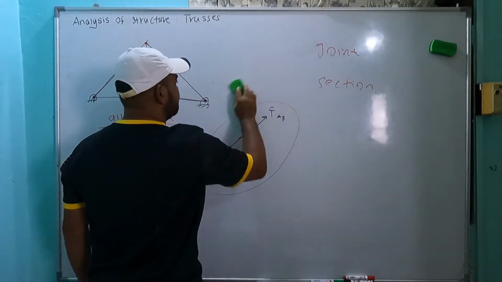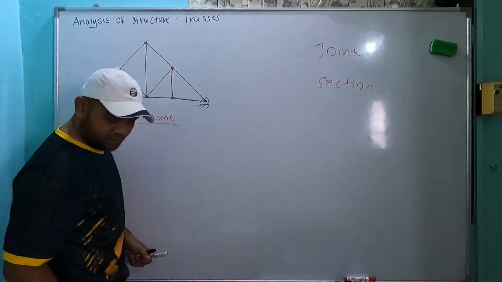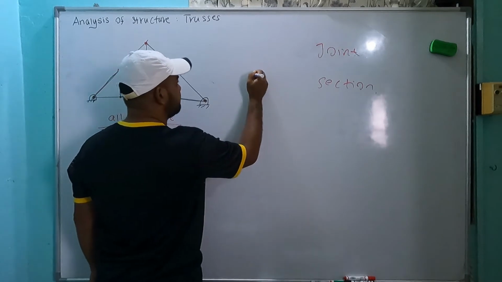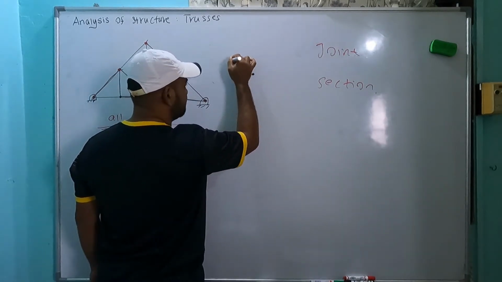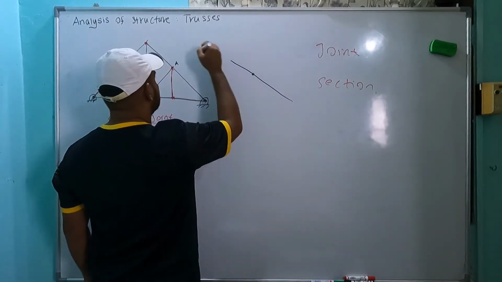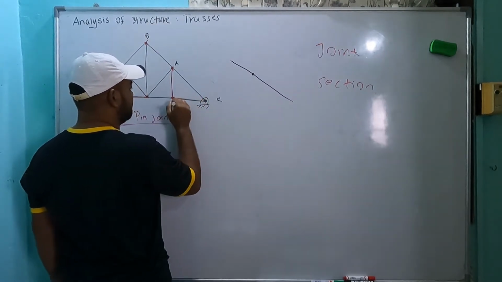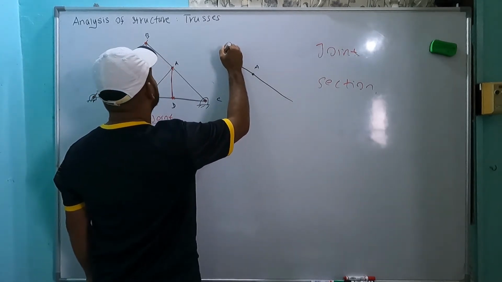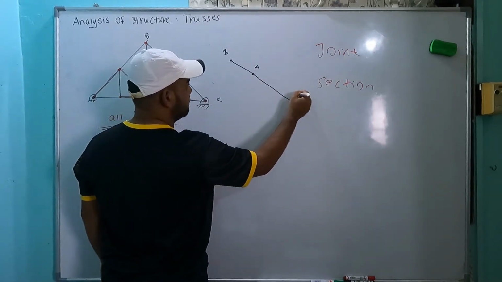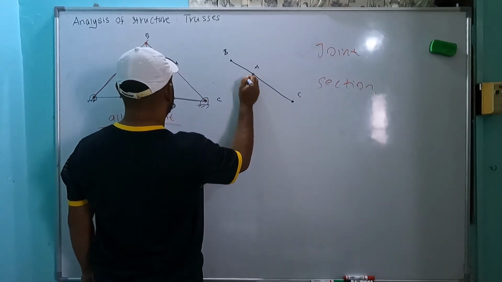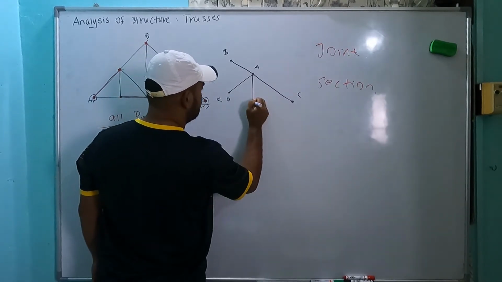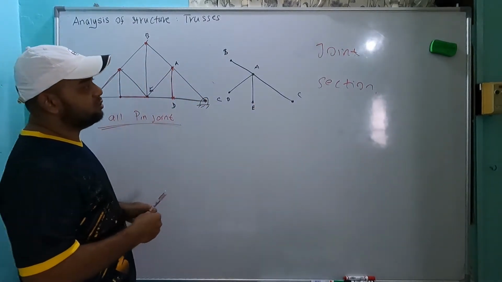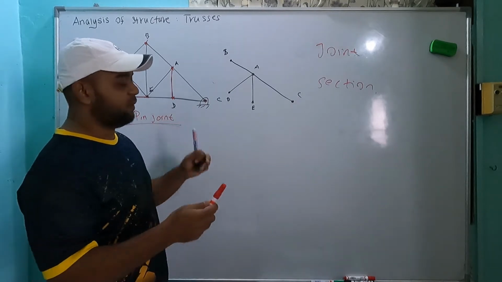Before we go to the method, let me explain. Let's say here we have this point A, this is B, C, D, E. So this is point A, point B, point C, D, E, for example. When we want to analyze each component, we have to open up all the components.